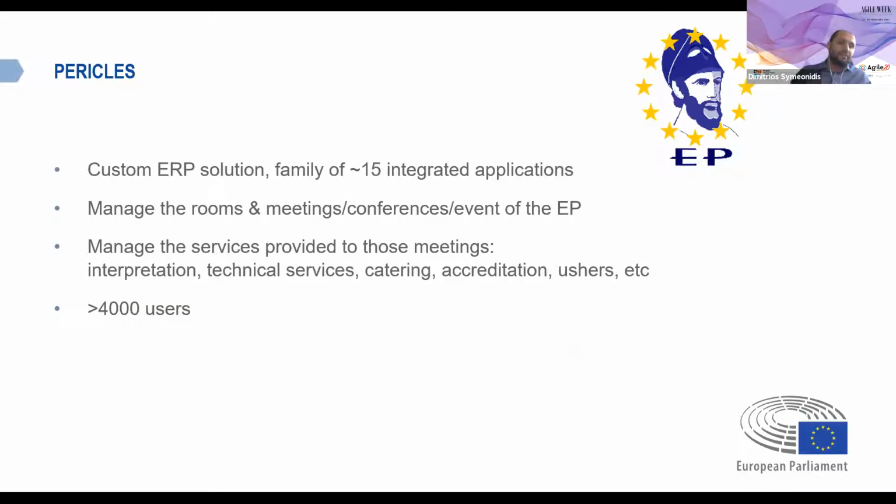It is a kind of a family of IT applications, approximately 15 of them, and it is used to manage, first of all, the rooms, the meeting and conference rooms of the European Parliament and other open spaces, as well as any meetings, conferences, or events taking place in those locations. And also, it is used to manage the services provided to those meetings and conferences and events.